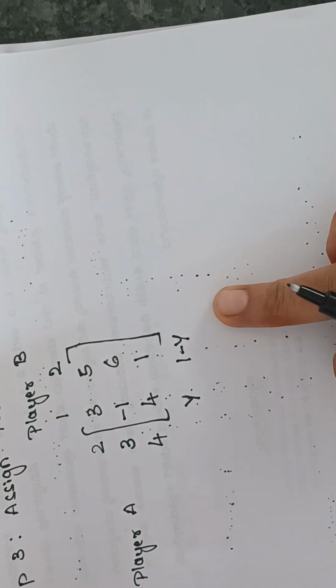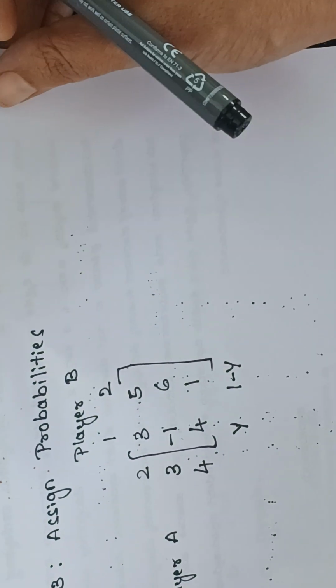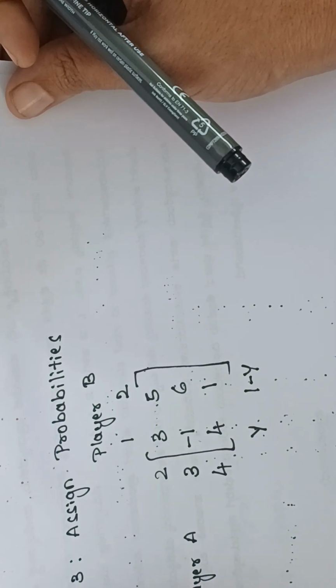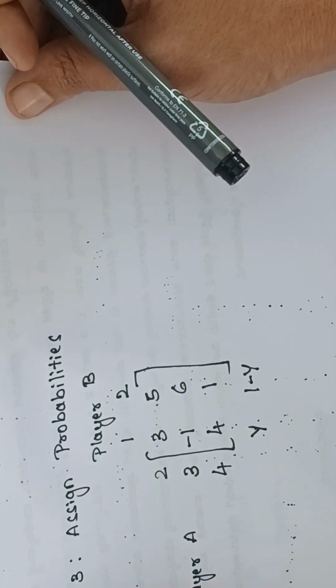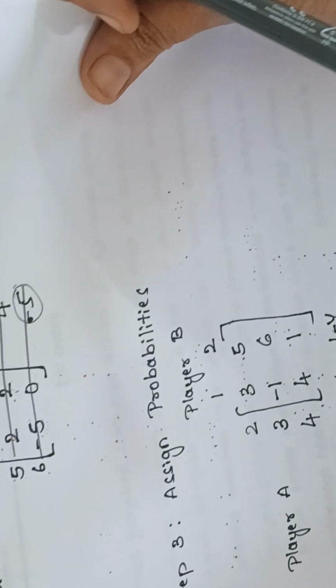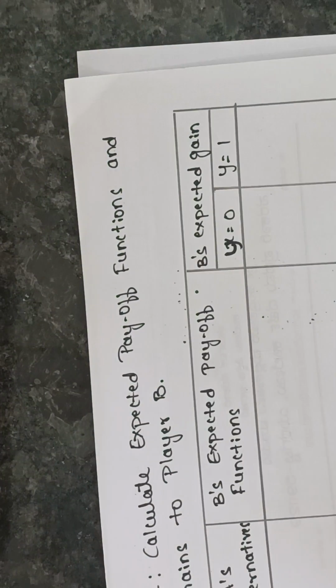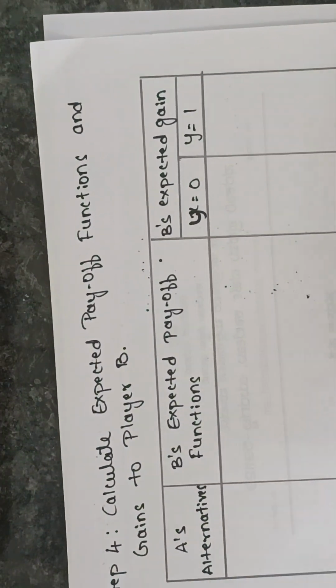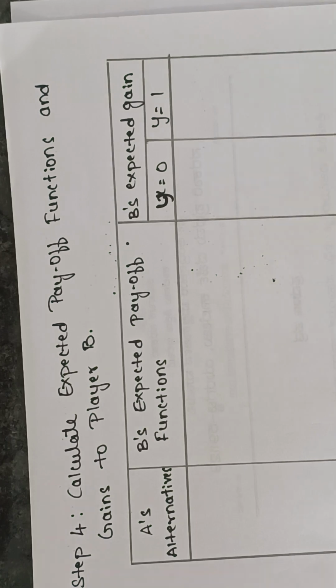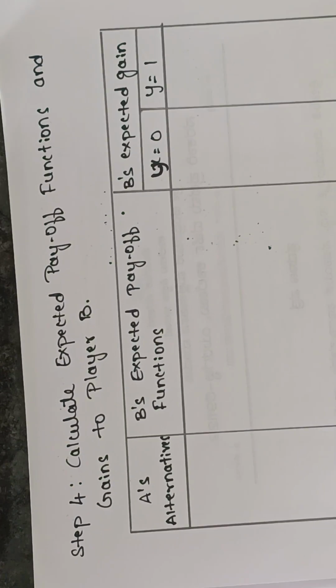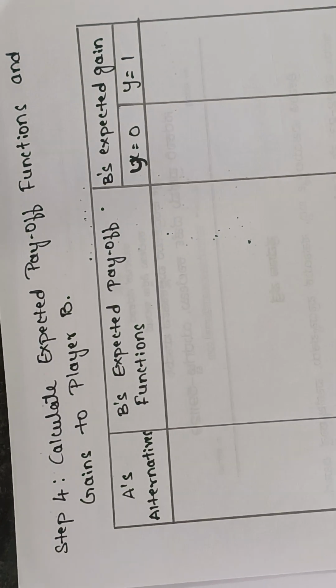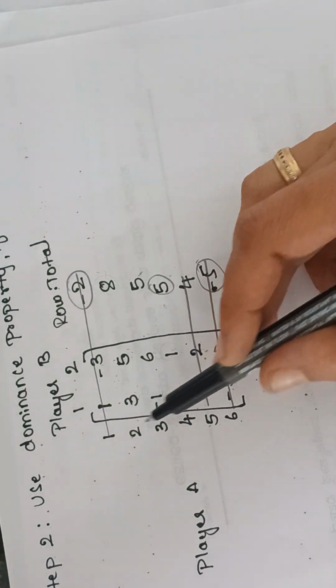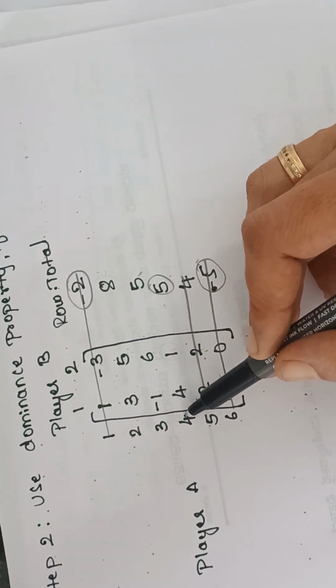So now we have to find out the expected payoff function and gains under each of the payoff functions. So next step here would be to calculate the expected payoff functions and gains to player B, because now we are doing it from the point of view of player B. So A's alternatives are the second, third and fourth strategy.